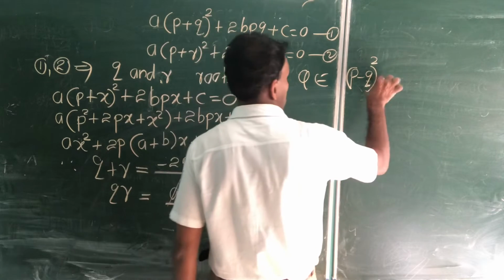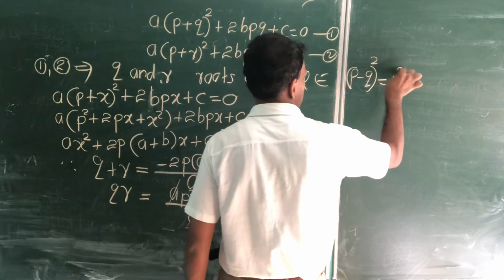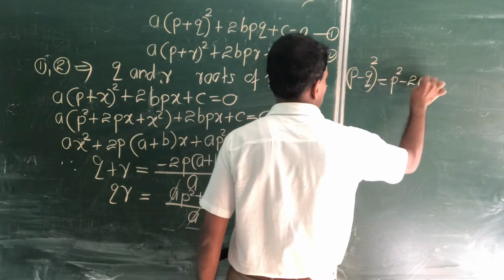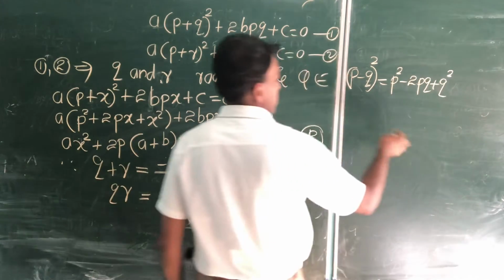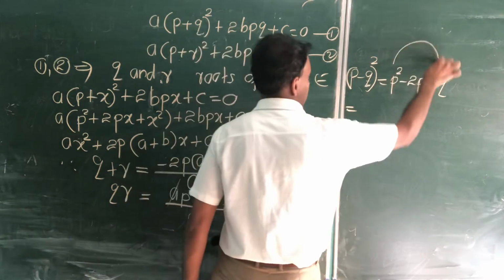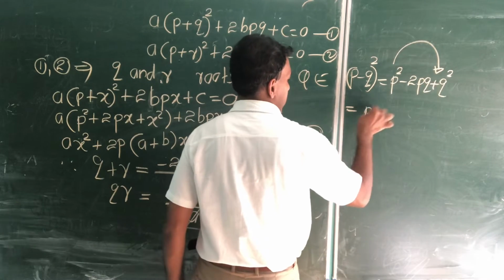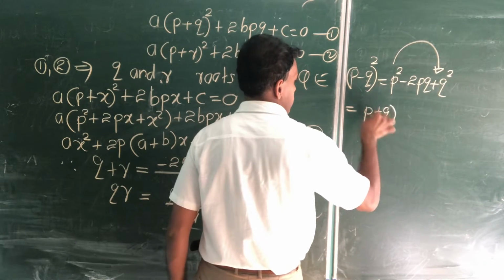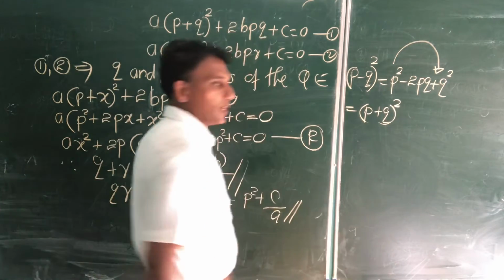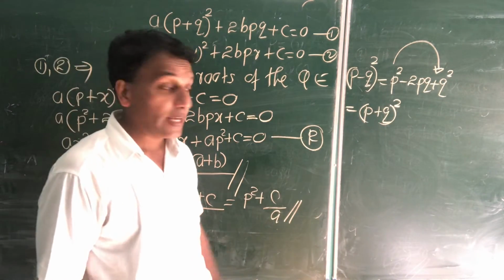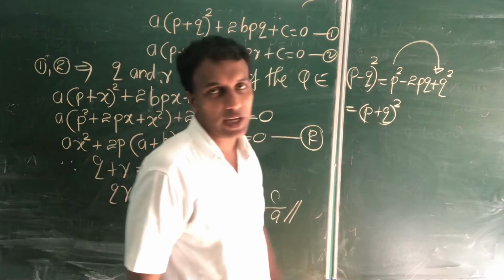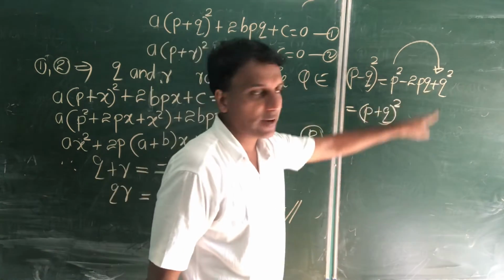So if you expand this, p square minus 2pq plus q square, take the first and the last, write p plus q all things square, then p square is available plus 2pq. But here you have the minus 2pq, q square is available.